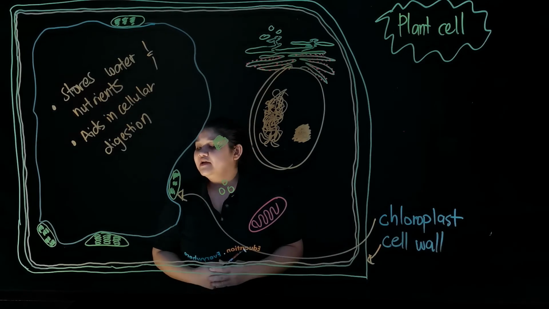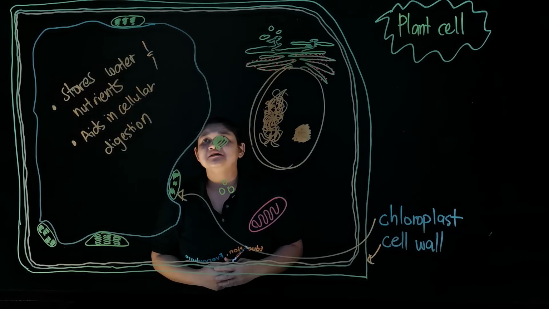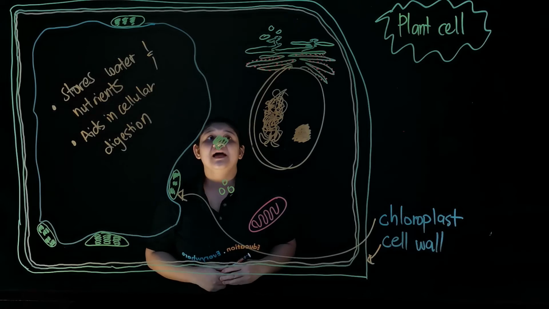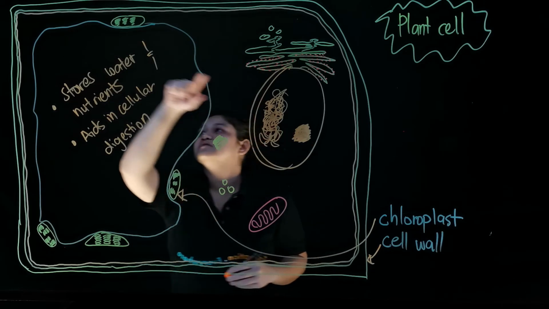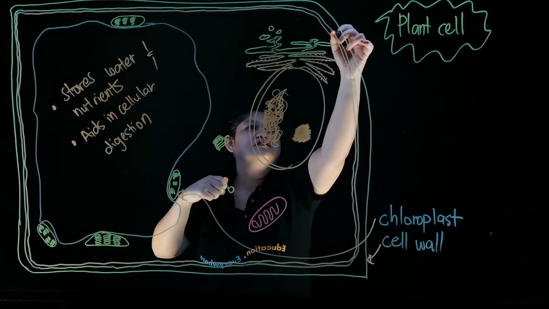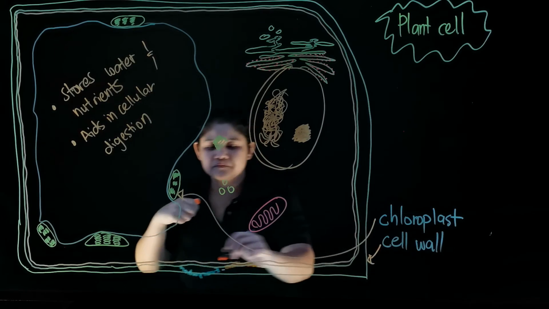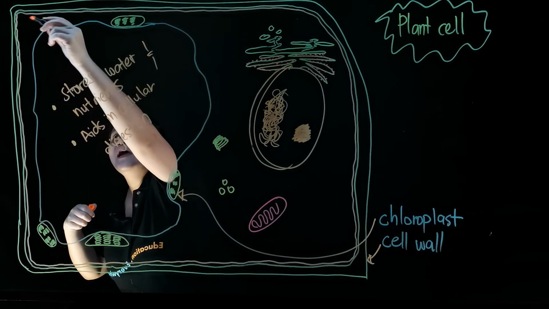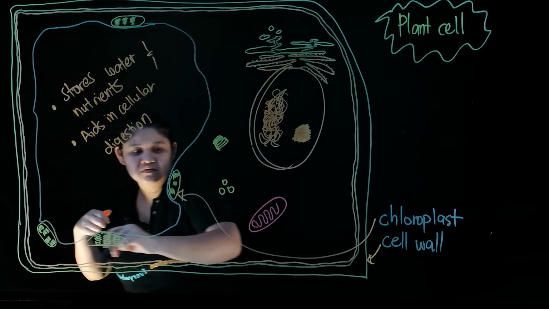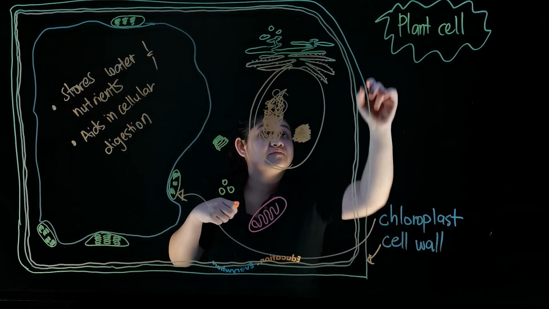It is basically a structure that contains cellulose, and it surrounds the cell membrane. This is the cell membrane here. You can see these two lines on the cell membrane, and the outer part here is the cell wall.